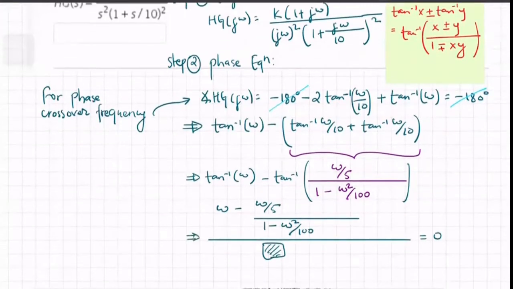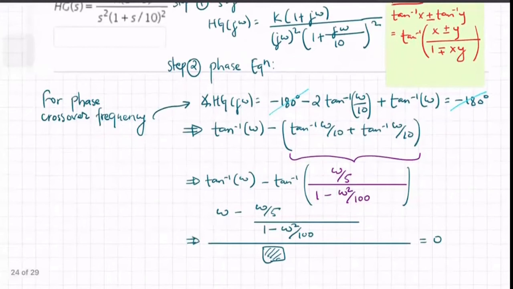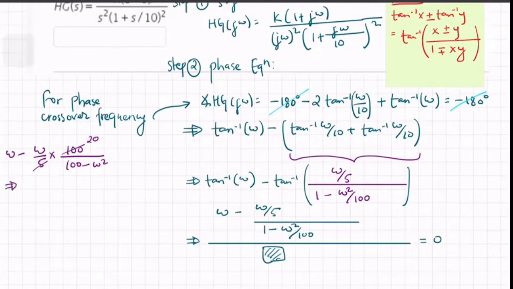So let me just focus on the numerator part. That would be omega minus omega over 5 times 100 over 100 minus omega squared. I can cancel 5 and 100 for 20, so that is going to be 100 omega minus omega cubed minus 20 omega equals 0.